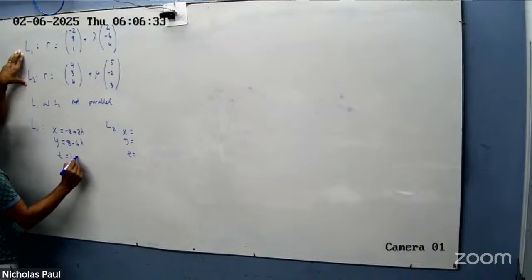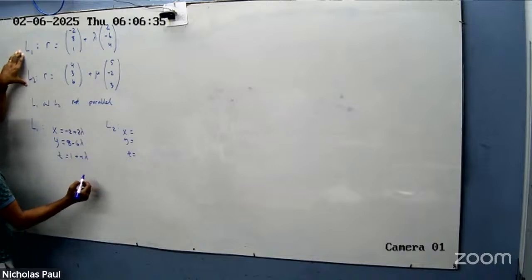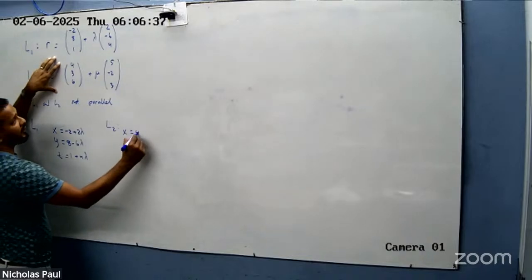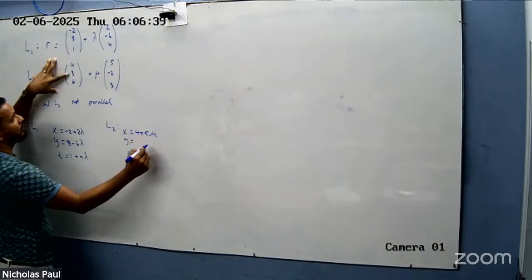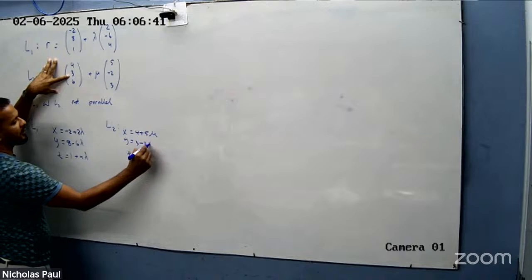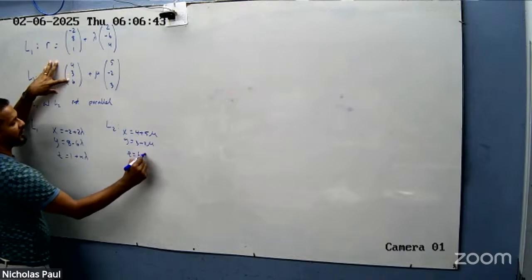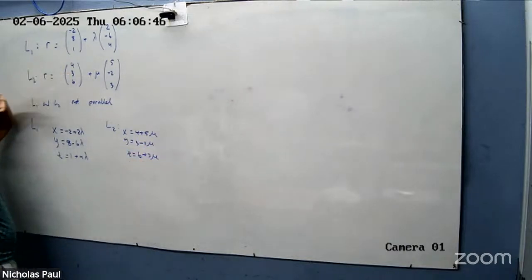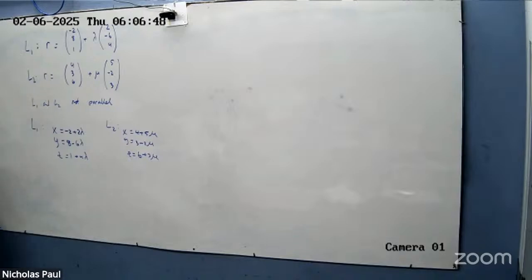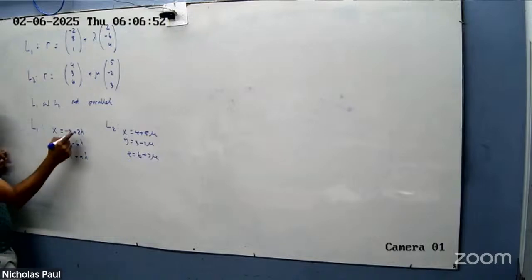And this is 1 plus 4 lambda. Here, this is 4 plus 5 mu. This is 3 minus 2 mu. And this is 6 plus 3 mu. Okay?